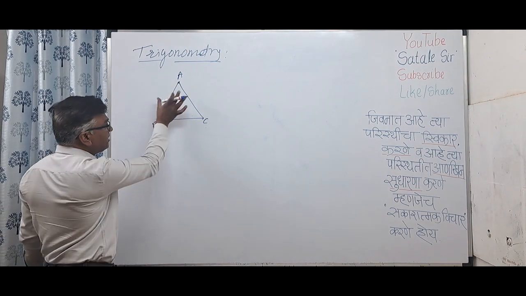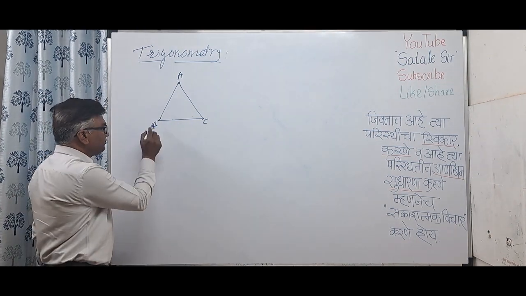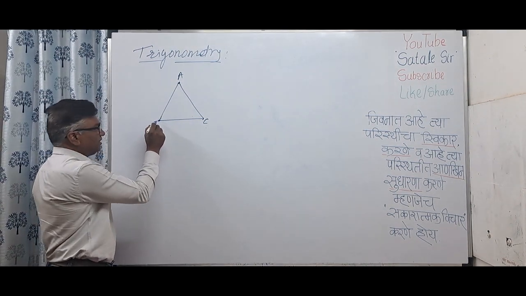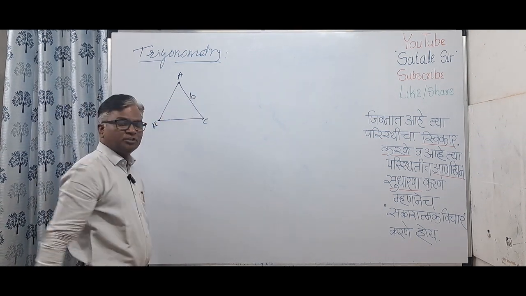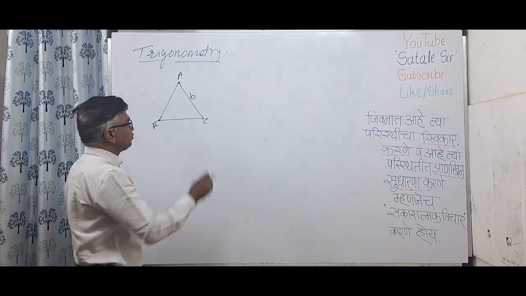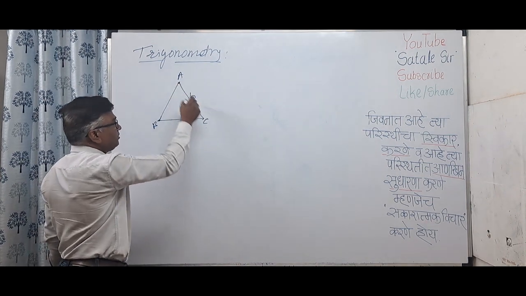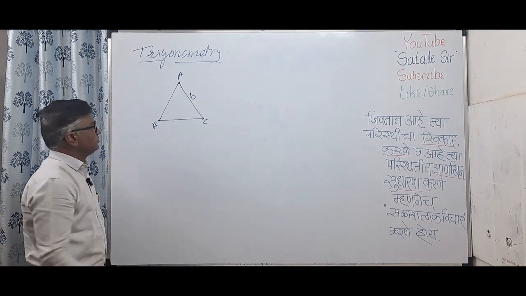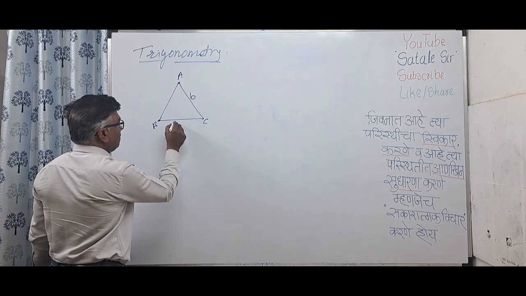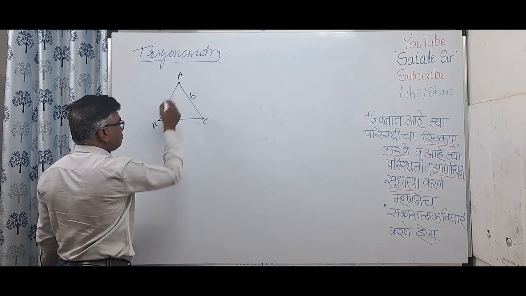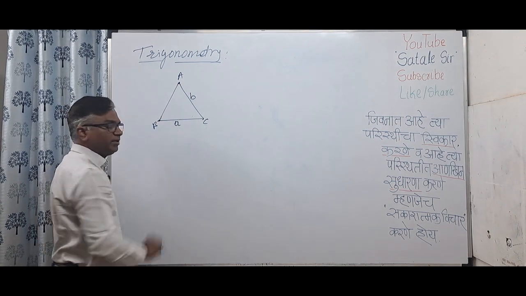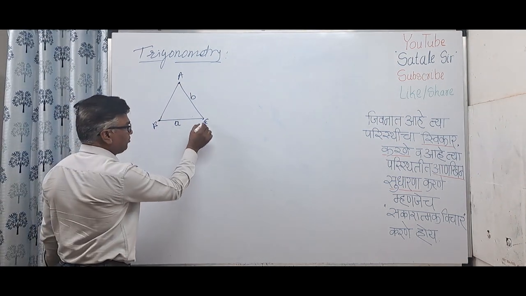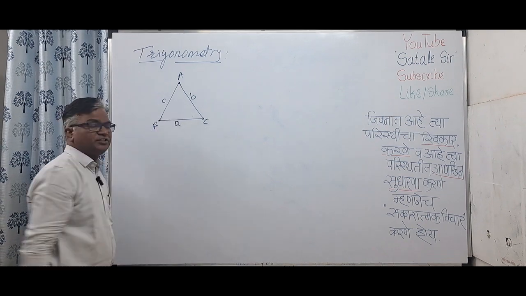Now generally these sides are also named. If this vertex is B, then the side opposite to this vertex is generally denoted by small b. So small b is the length of this side AC. Similarly, the side opposite to A, which is BC, is generally represented by small a, and similarly opposite to C, it will be small c.